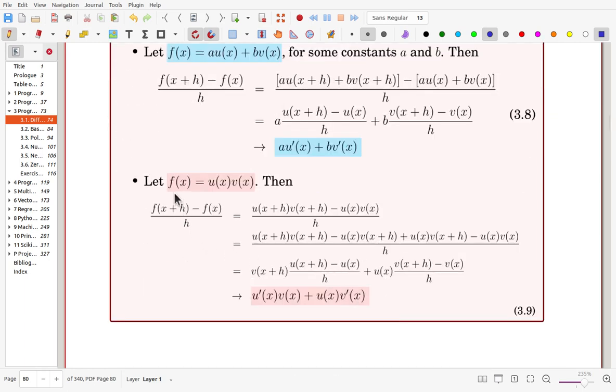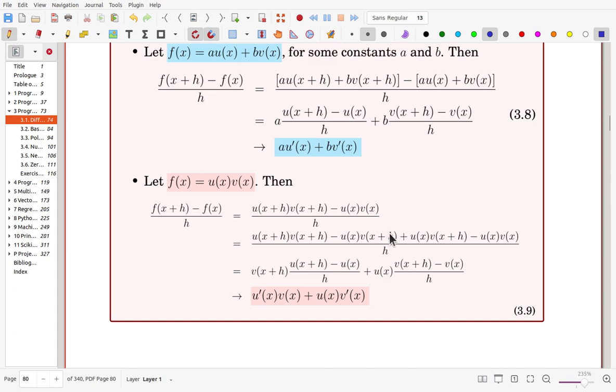Now, let f be given as here, a product of two functions. Then, by using again the definition, we start with this difference quotient. At x plus h, we have this term, and at x, we have that one.